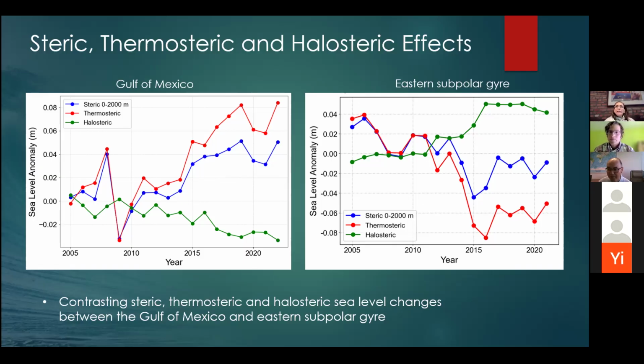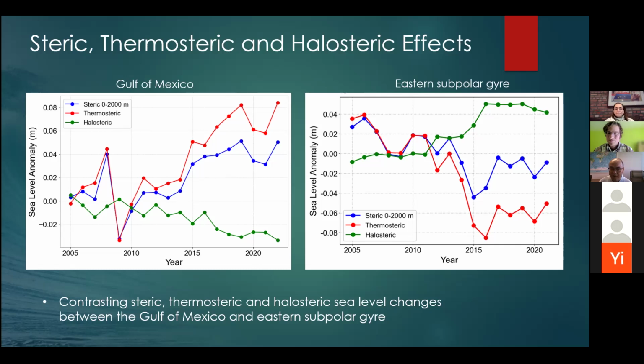But would the sea level estimates from just the upper 1,000 meters not be as accurate as if you would have to include the entire depth? Or do you think most of the signal is at the top, basically? Yeah, that's a very good question. So I think most of the signal is in the upper 700 meter layer.